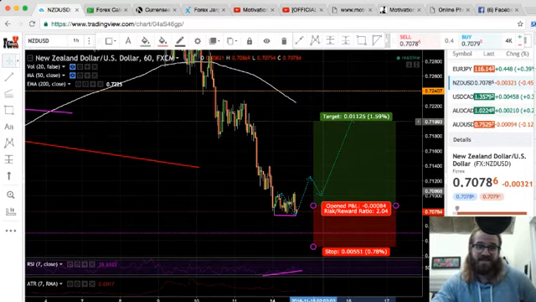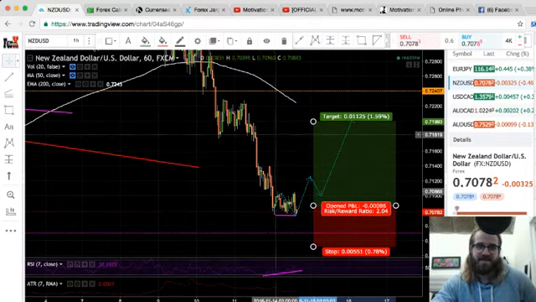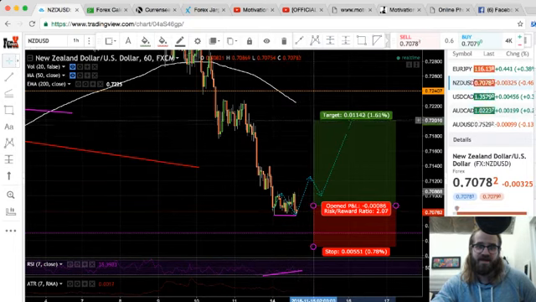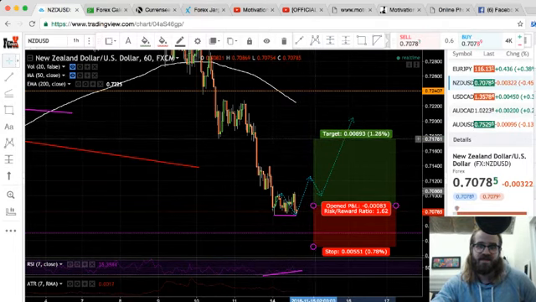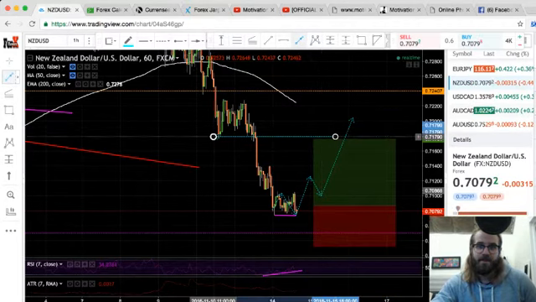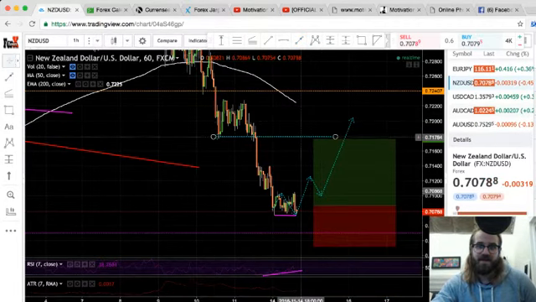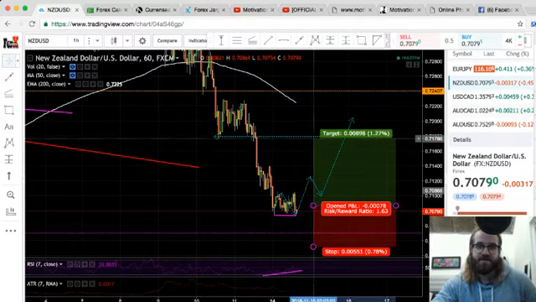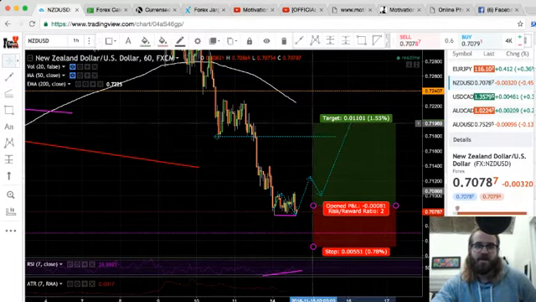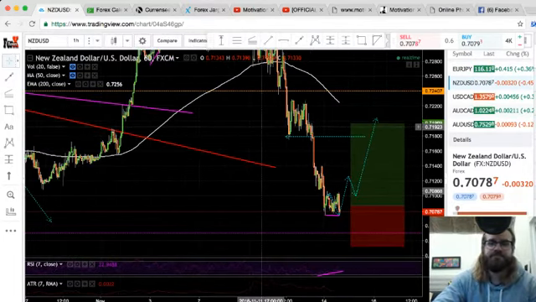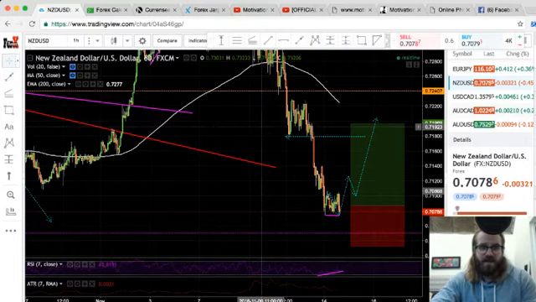This target setting doesn't really make sense to me. I would actually take this right here. Makes more sense. You can see the structure right here, but the market could definitely push a little higher here, and you could get your 2 to 1 if that's what you're looking for. But we'll wait and see.